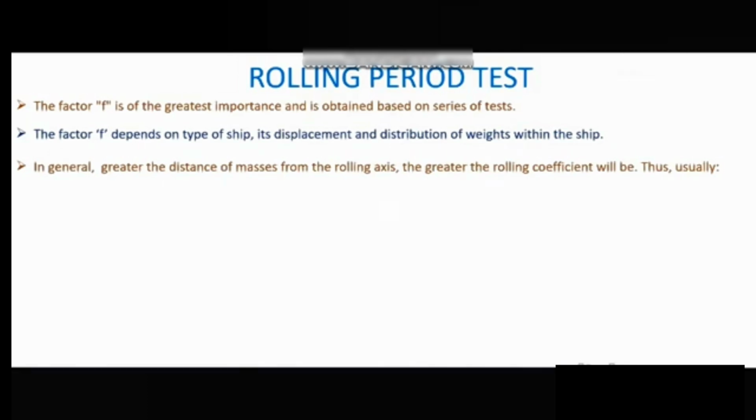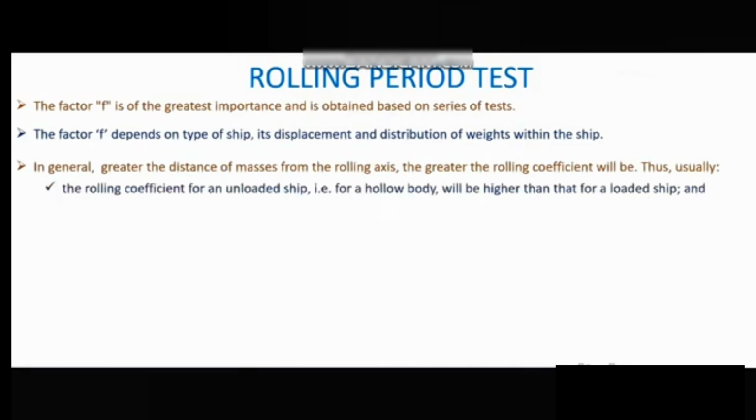And because of that, consider the rolling coefficient of an unloaded ship. Why unloaded ship? Because an unloaded ship will have ballast in the tanks and equipment on deck. The mass distribution is away from the rolling axis. For such ships, the coefficient will tend to be higher, because the radius of gyration will tend to be higher. On the other hand, a loaded ship will be loaded in the holds, so the weight concentration will be closer to the rolling axis.